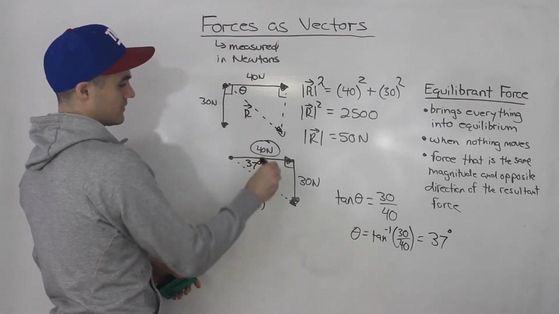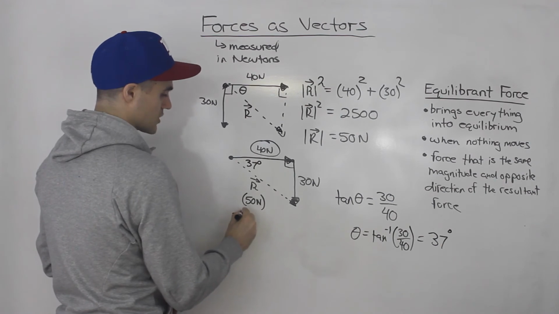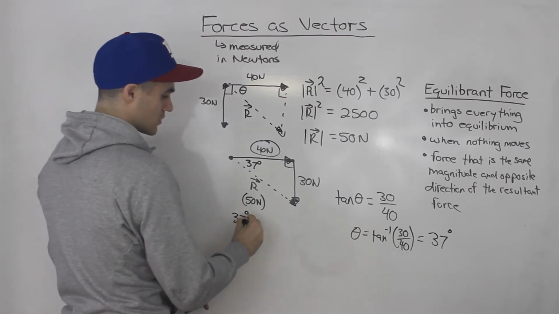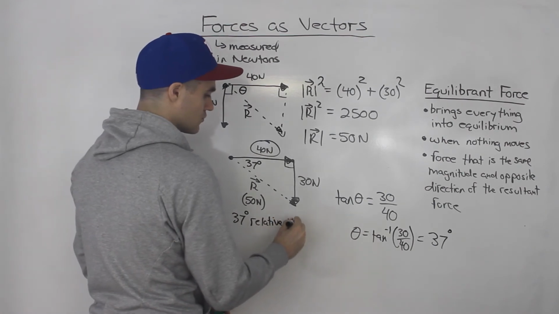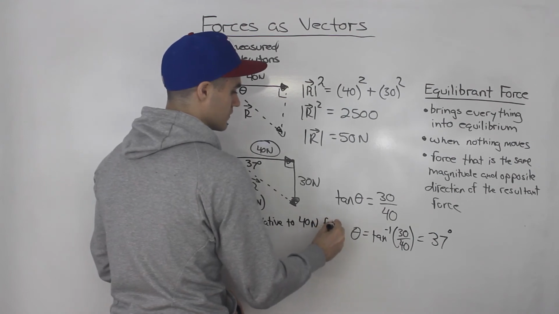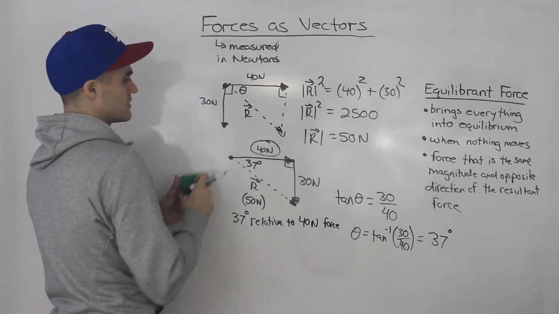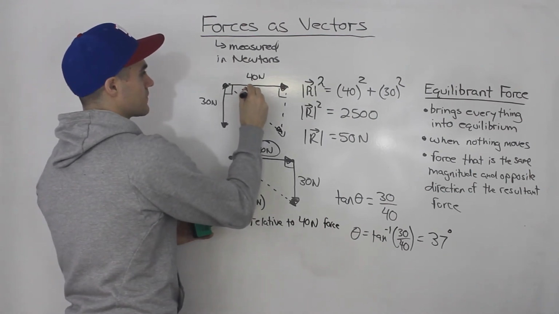So this resultant vector is in a direction 37 degrees relative to that 40 Newton force. This force right here. This here is 37 degrees.